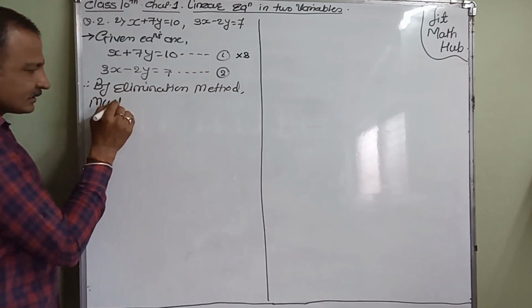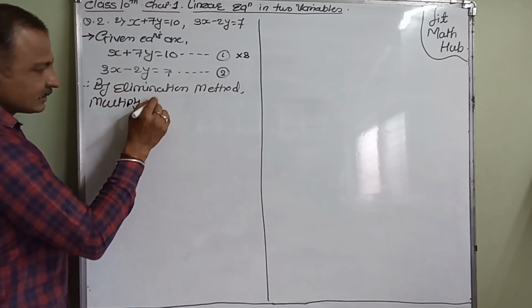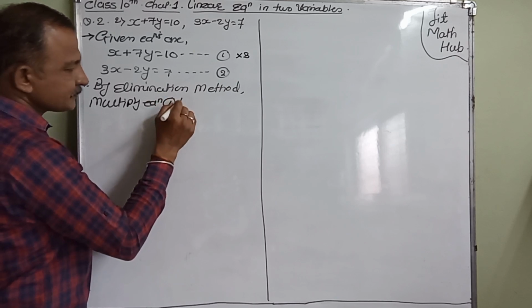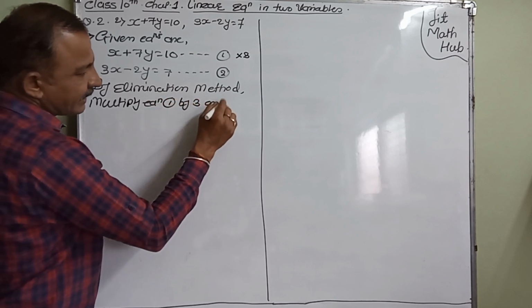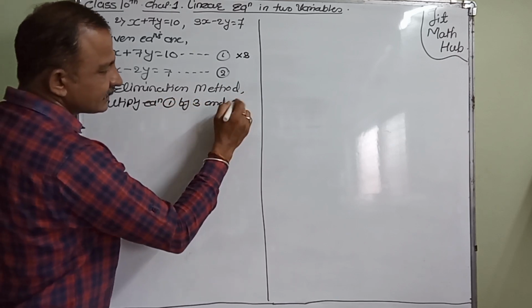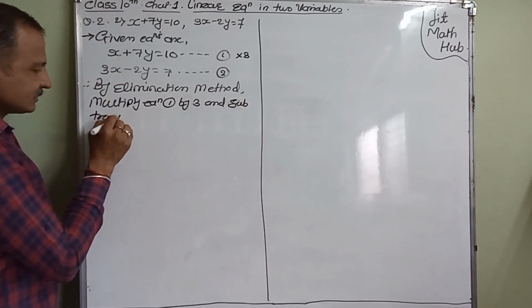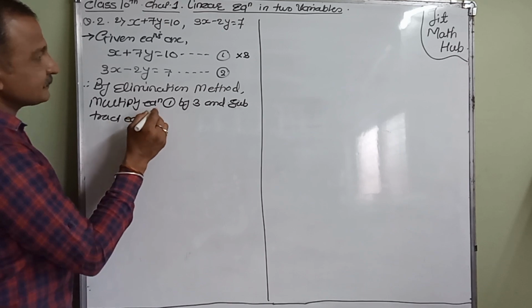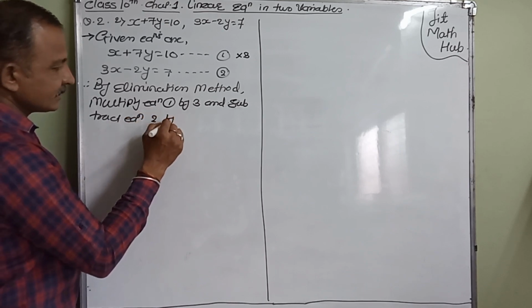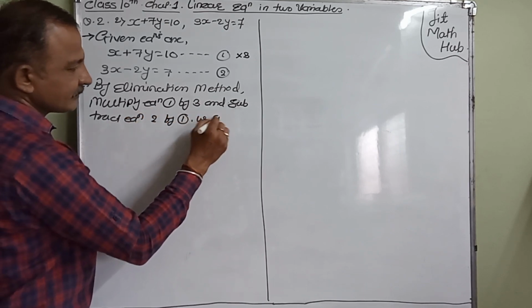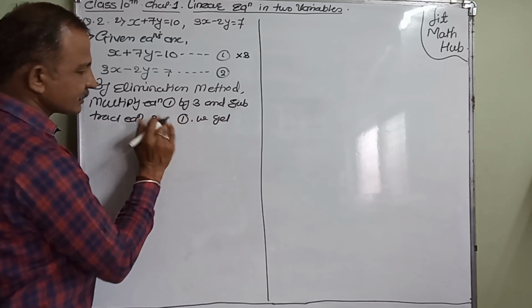multiply equation first by 3 and subtract equation second from first.